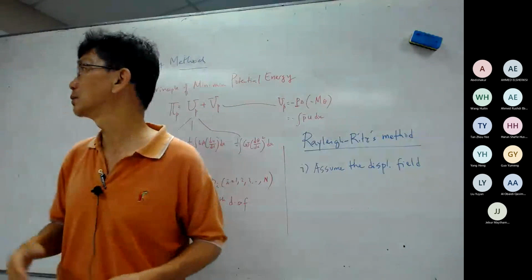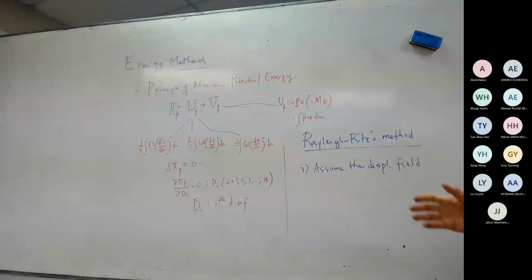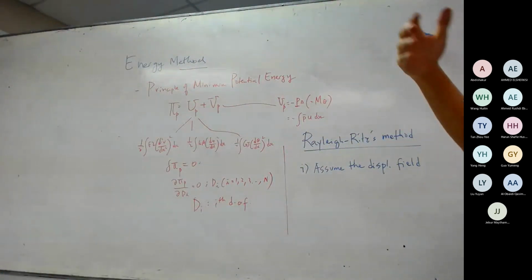We assume the shape of the solution, but we don't know the actual value at a certain point, and we use the energy method to help us find that. So the displacement field must be assumed.